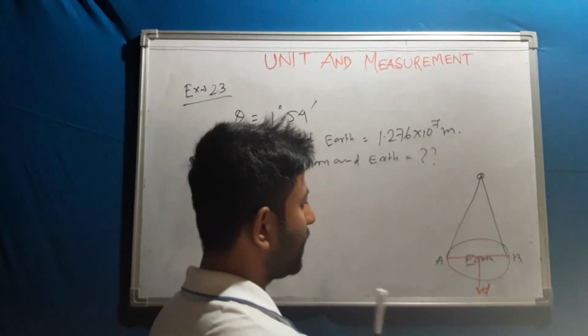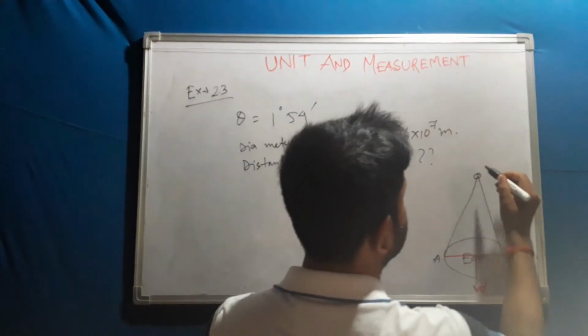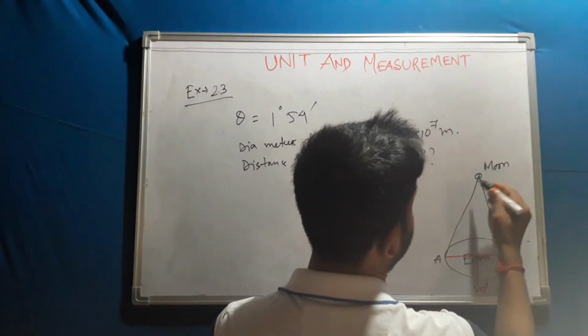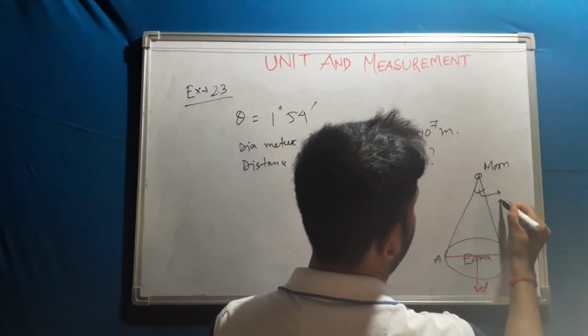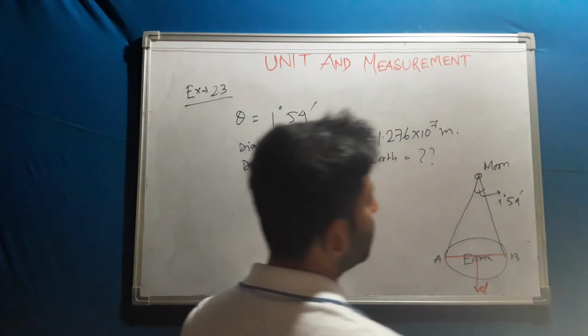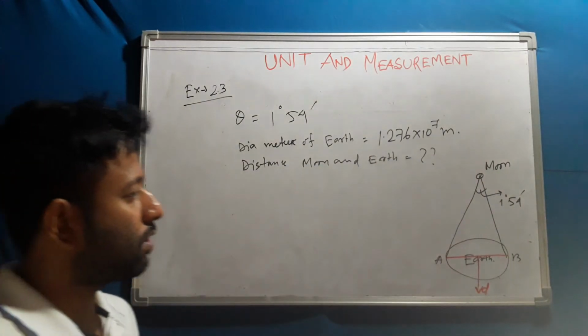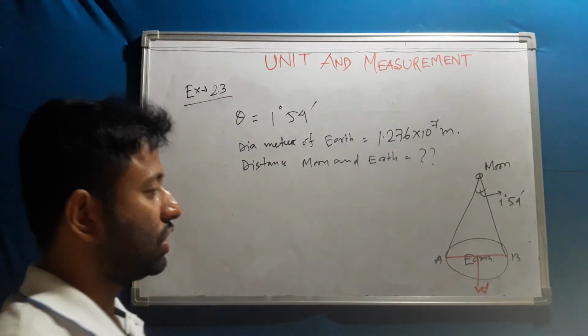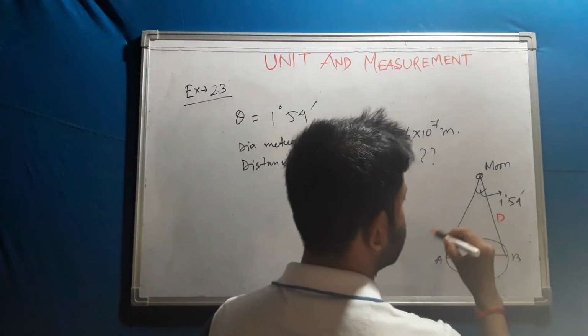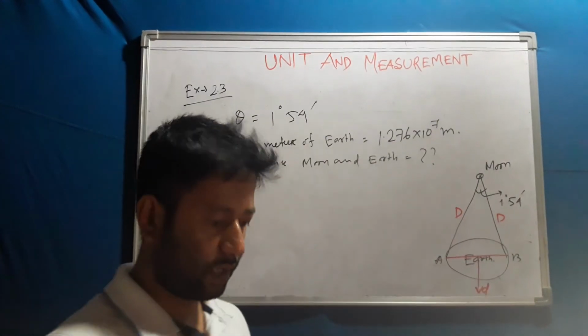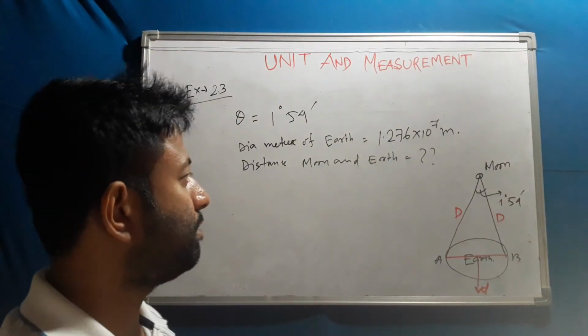This angle is given as 1 degree 54 minutes. Now I have to find out the distance D, that means this distance.